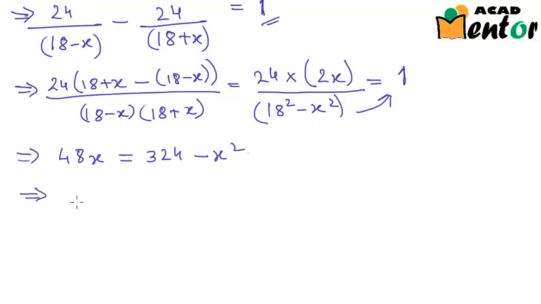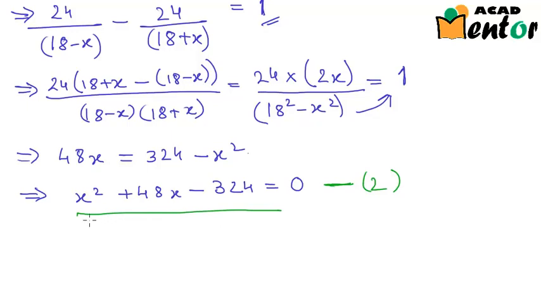And when I further write it, I will get x square plus 48x minus 324 is equal to 0. Now this is the quadratic equation that we were waiting for, and we have successfully formed it.